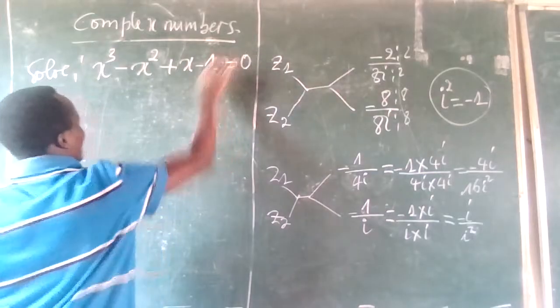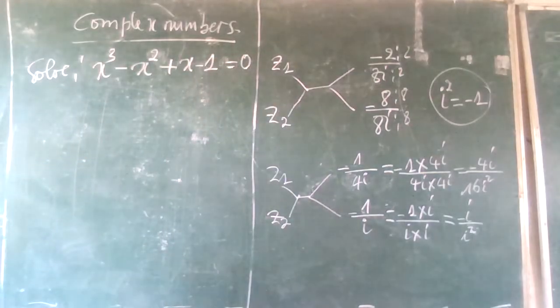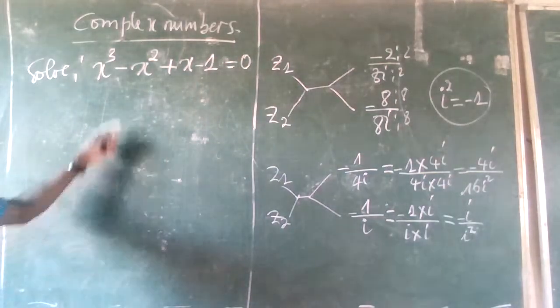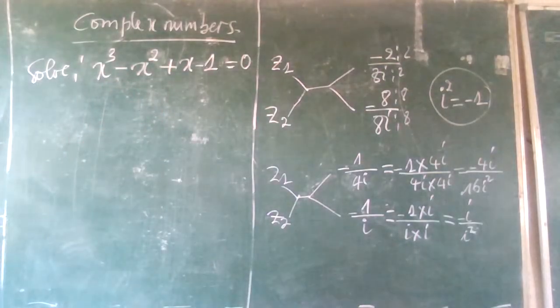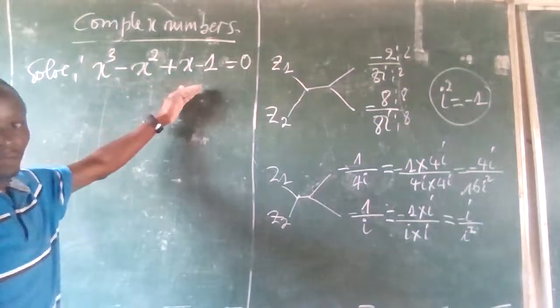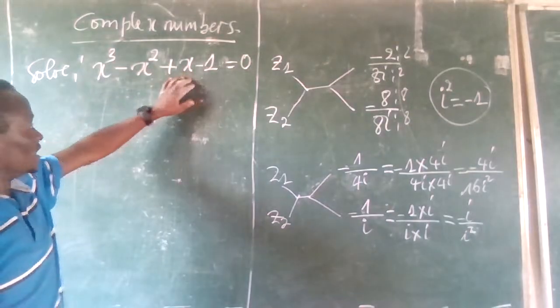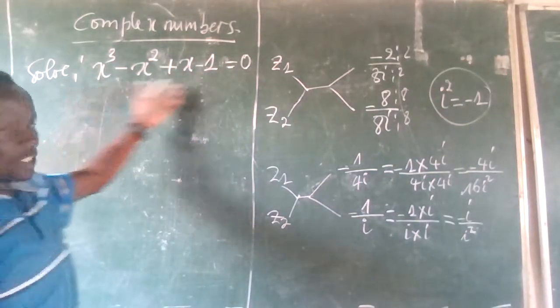Now this is another equation that you have there. We are going to find roots from this equation. Yes, it is a polynomial, but we are going to see whether the numbers are from the reals.